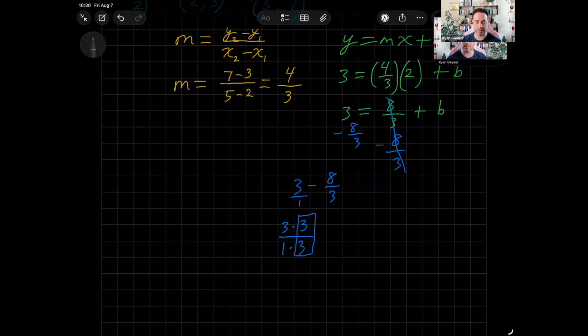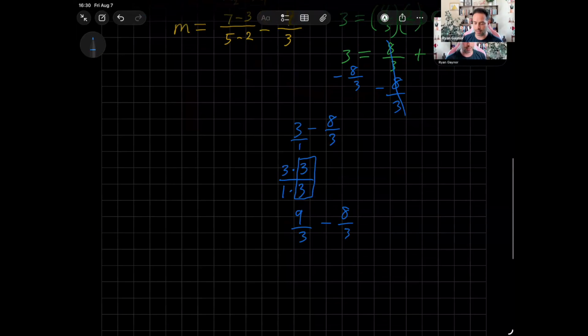That's the most important part. Okay, so then we have 9 over 3, and again, 9 divided by 3 is 3, so you can see that I did not change the value. Minus 8 over 3, and that is going to equal the b. Since the denominators are the same, I can now just subtract the top part, so 9 minus 8 is 1, so 1 over 3 is my b.